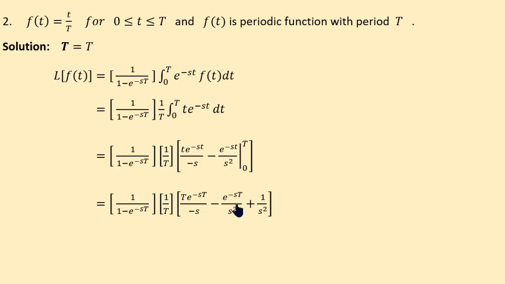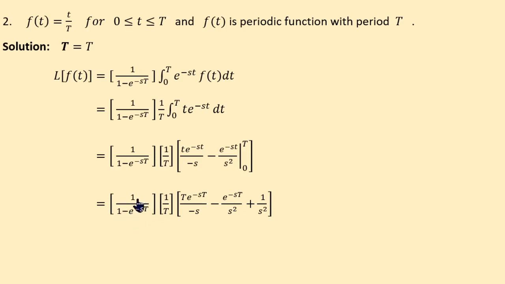Now, by taking s square common outside, you can simplify this separately and this separately. Here, if I take the minus sign outside, 1 minus e power minus sT by s square.